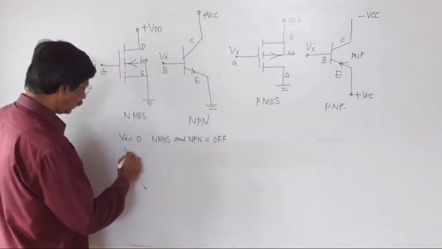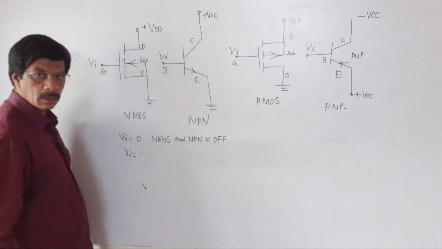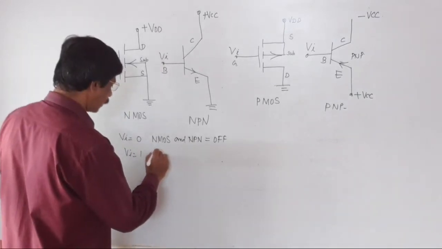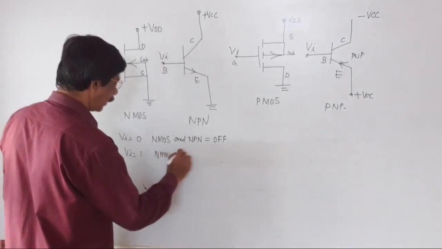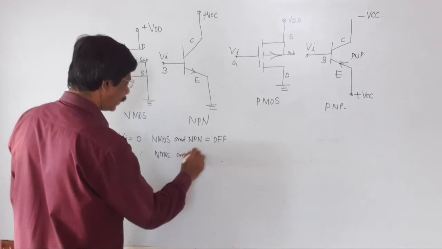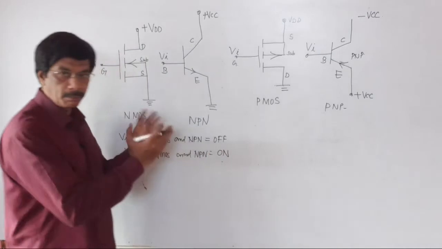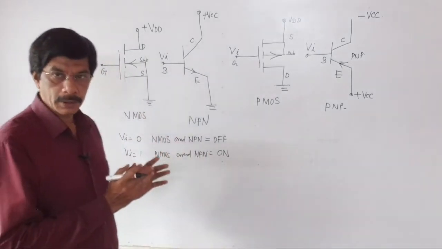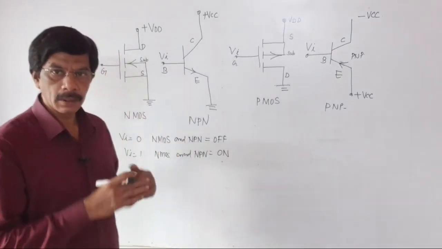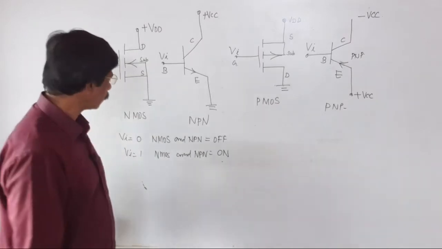When Vi is equal to 1, both NMOS and NPN are in on condition. This is a very important condition you keep in memory while discussing any CMOS circuits.